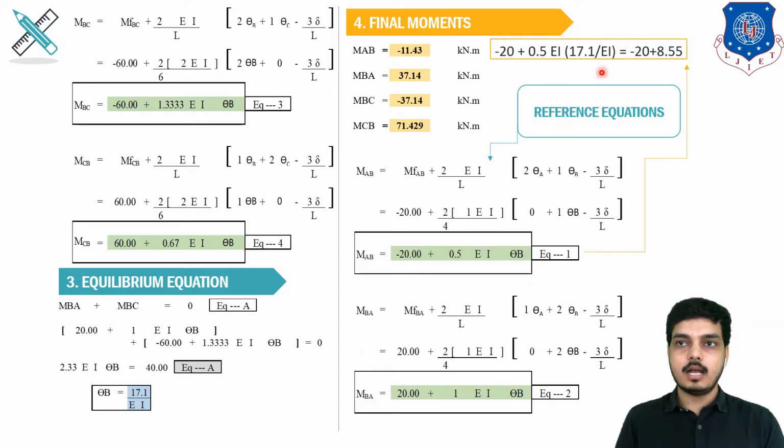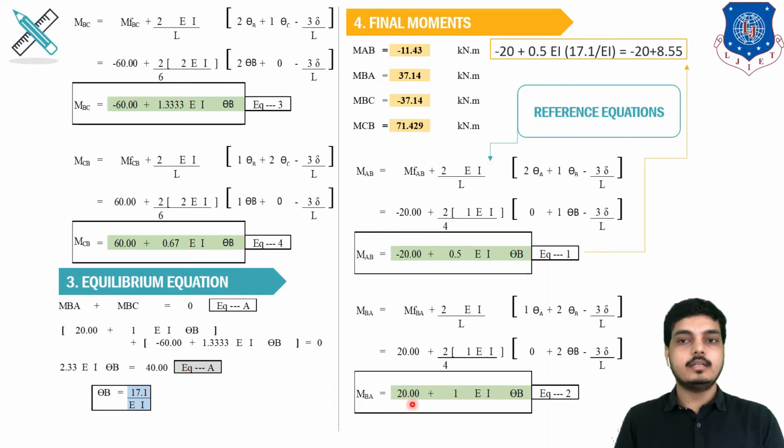Now this EI and EI will cancel out. 0.5 multiplied by 17.1 gives 8.5, and this is minus 20. The algebraic sum gives my final moment, minus 11.43 kilonewton meter. So after just placing the value of theta B in equation 1, I get my final moment.